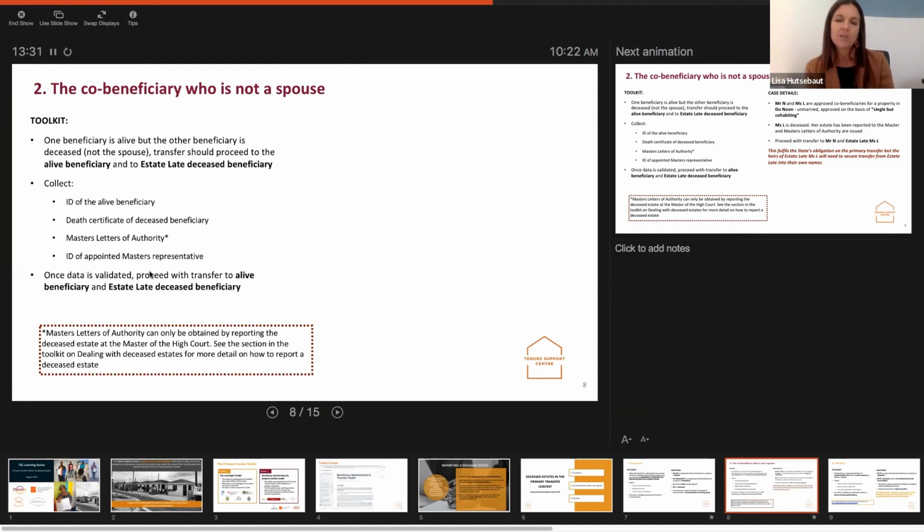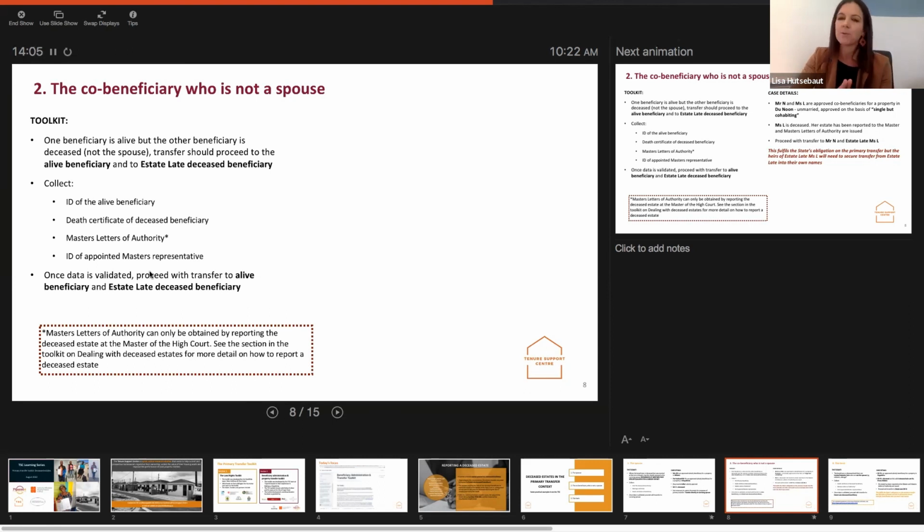So again, the guiding principle behind this suggested process is that it cannot be the state's responsibility, or certainly the state won't have the resources, to go and look into who the estate heirs of that deceased beneficiary are, where there's not an obvious spouse or anything like that. It cannot be the state's responsibility to weed through this family and find out who the heirs are and who's actually entitled to inherit.